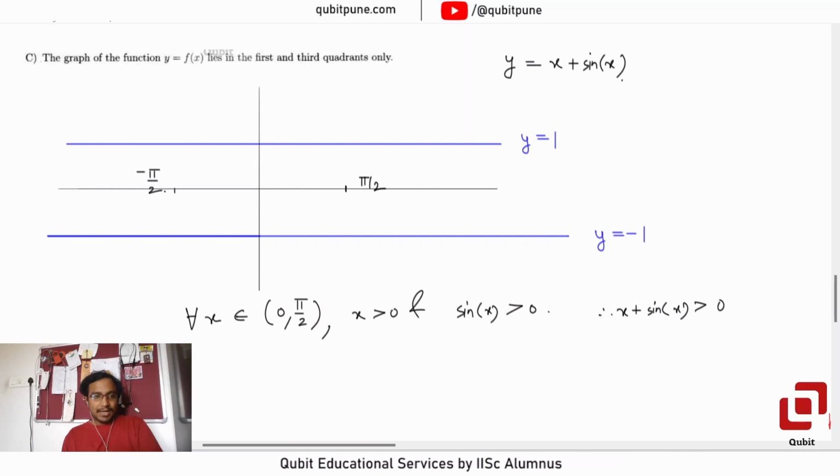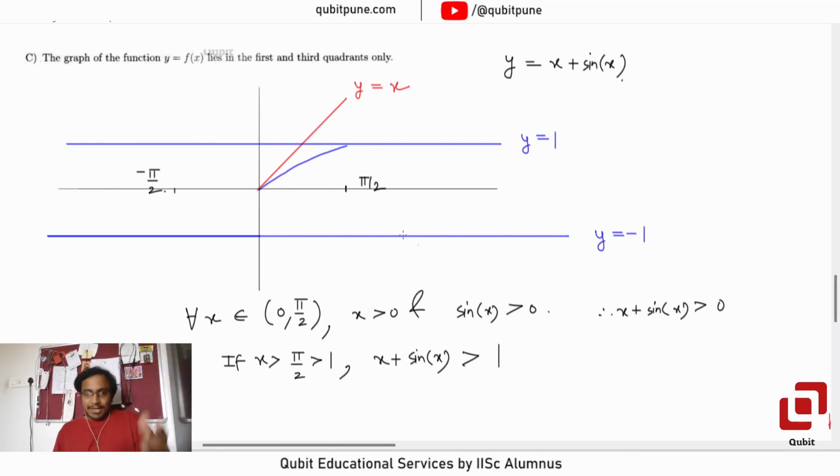So both the graphs, y equal to x and y equal to sin x, are positive, and from now on there is no looking back because x is going to dominate. So I can say if x is greater than pi by 2, which is eventually greater than 1, x plus sin x will always be greater than 1.